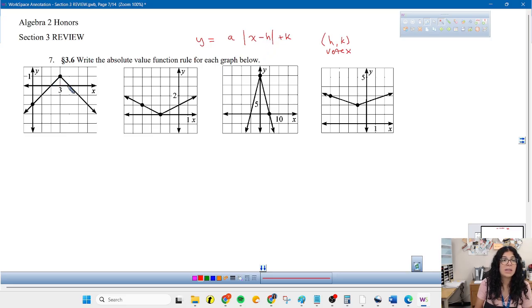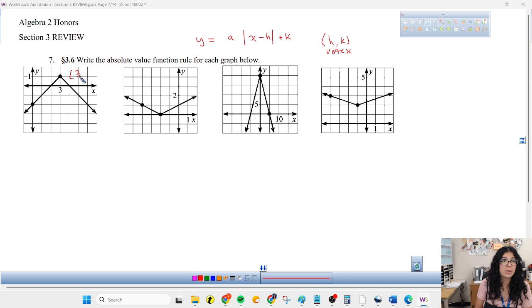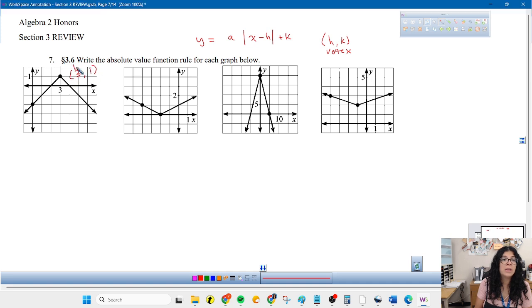So in this case, for example, our vertex is 3, 1. So our h, k is 3, 1. But in the equation, since the equation is x minus h, we're going to have the equation looking like x minus 3 rather than x plus 3. And then the value of k is 1.